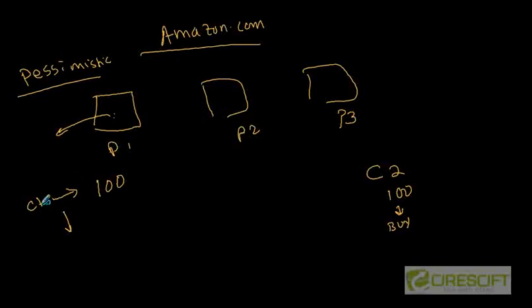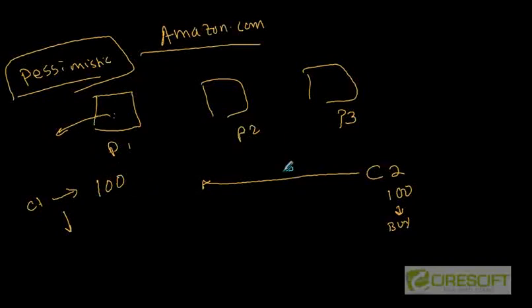But because customer C1 is already holding the lock, we have lost a transaction that customer C2 could have made, and customer C2 is going to wait for customer C1 if we go for a pessimistic locking approach in Amazon.com or any website that does a lot of browsing and then writing.